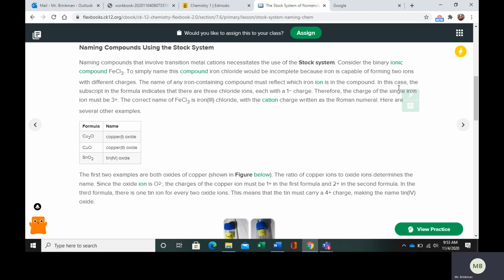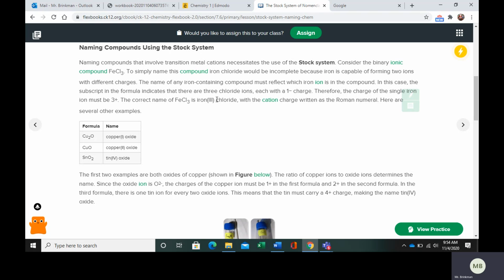So the charge of the single iron has to balance out the negative charge of the chloride ions. So if we have 3, we have -3. So we know that we are going to need a +3. Since we only have 1 iron, we know that the charge of this iron is +3. So therefore, we can name it iron 3 chloride.